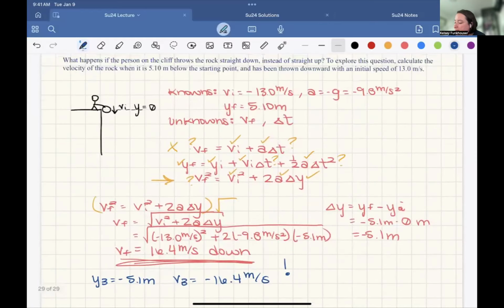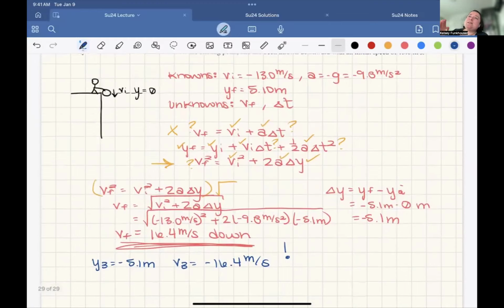The reason is that in the first example, on the way down, when it gets back to the position of y equals 0, at that point, the velocity is negative 13 meters per second. So that point is equivalent to just starting by throwing it down at that speed.